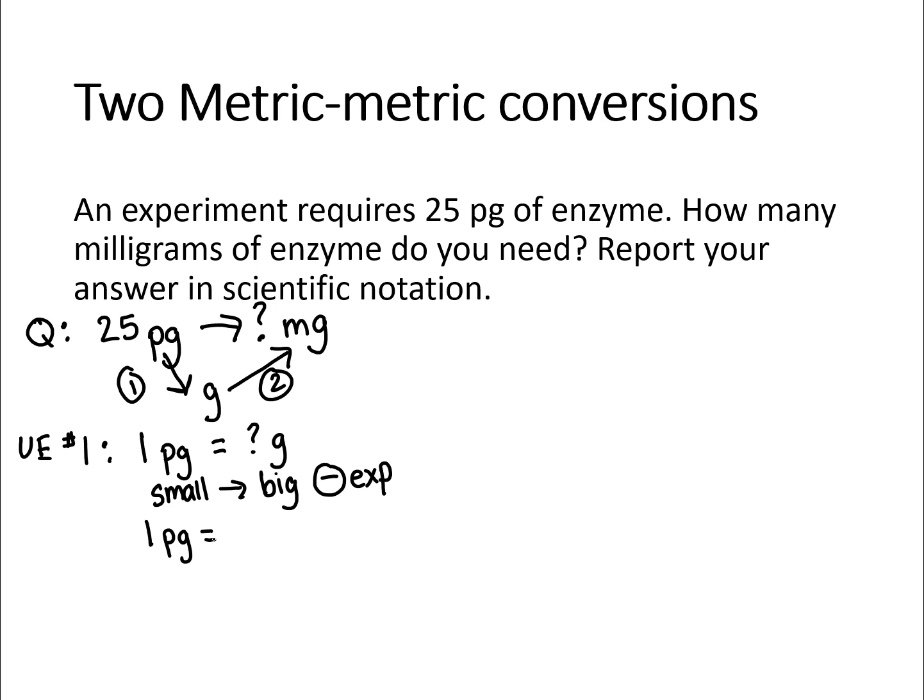Using your chart, you should be able to figure out 1 picogram is equal to 1 times 10 to the minus 12 grams. And for our unit factors, you just write out the fractions.